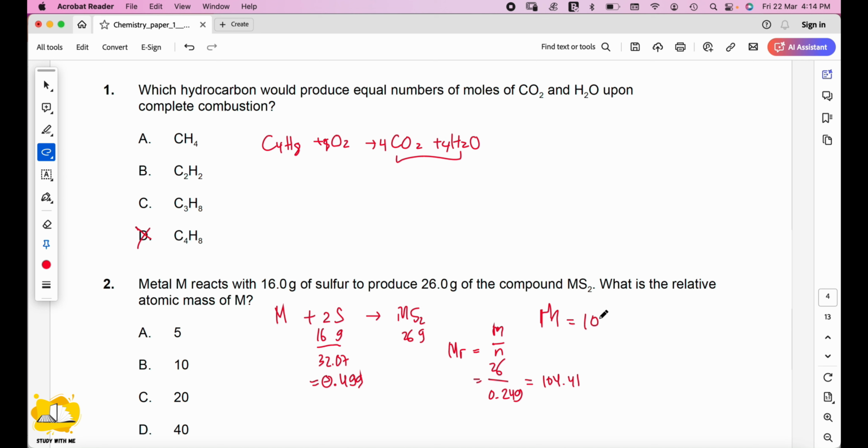So if you subtract, 104.41 minus 64.41, which is S2, you will get 40. So 40 will be the answer, the relative atomic mass of M.